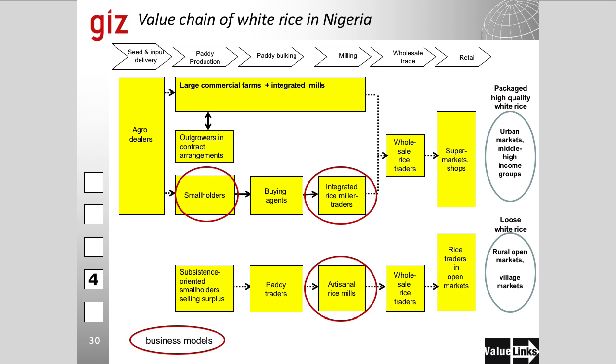I think it depends, if we invest public money, which is the case for GIZ, obviously. It depends finally on the two criteria that I have mentioned already earlier. We want to achieve a social impact, and that depends on our reading of the poverty situation, meaning that we want to create jobs for poor people, we want to do something for smallholders out in the rural areas and poor consumers.